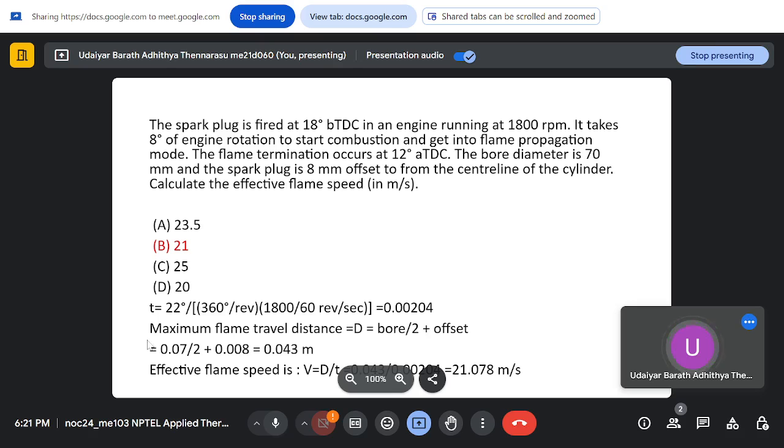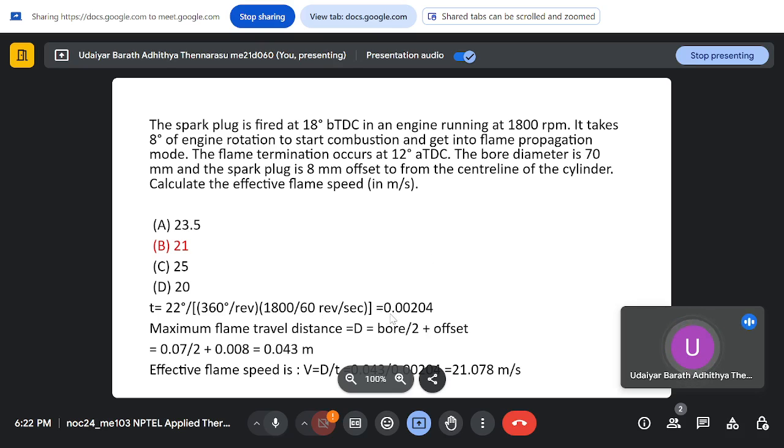The time it takes for this 22 degrees of rotation: one revolution is 360 degrees, running at 1800 rpm, so 22 degrees divided by 360 degrees per revolution, times 1800 divided by 60 revolutions per second.